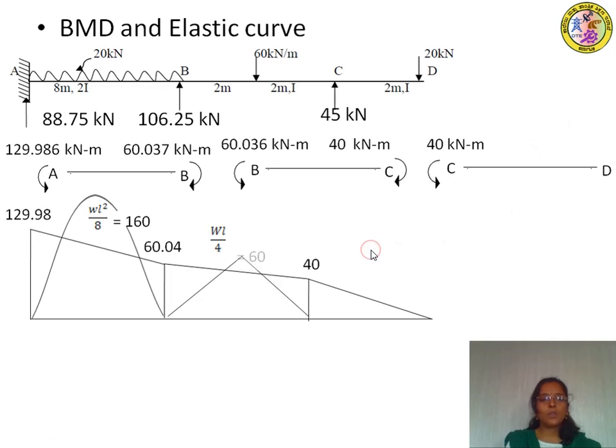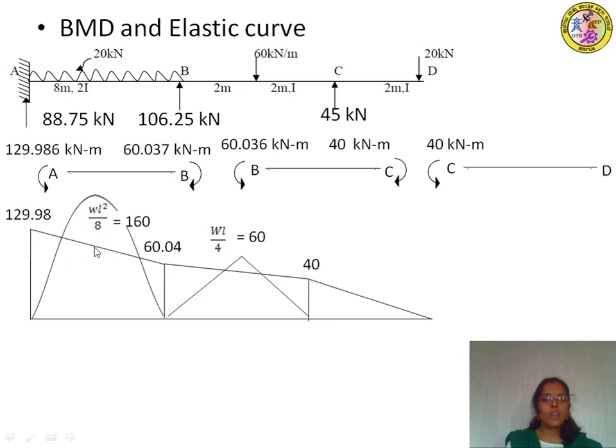W is 60, L is 4, divided by 4, that will be equal to 60 kilonewton meter. For CD, the point load moment we have considered already while calculating it. The free bending moment diagram as well as the support moment diagram are the same for the overhanging portion. So this is the bending moment diagram.